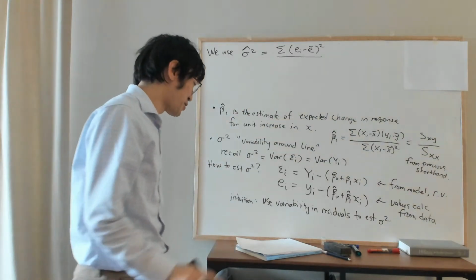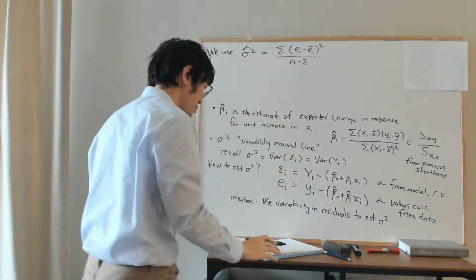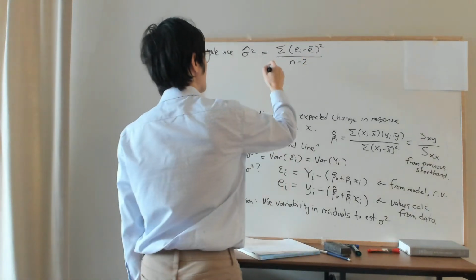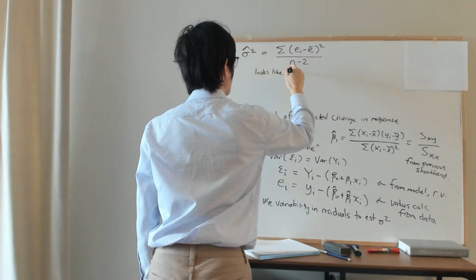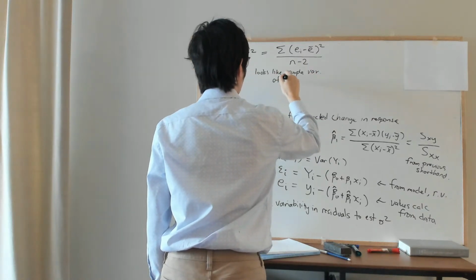Except in this case, we're going to divide by n minus 2. I'll explain that in a moment, but suffice it to say that this looks like the sample variance of the ei's.